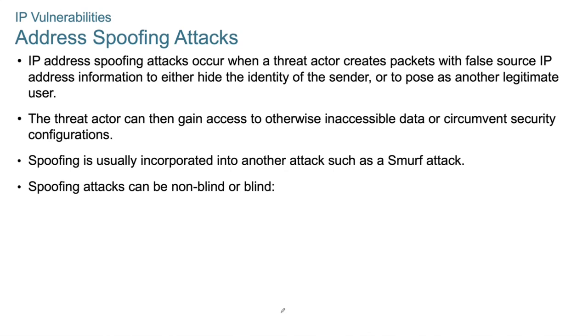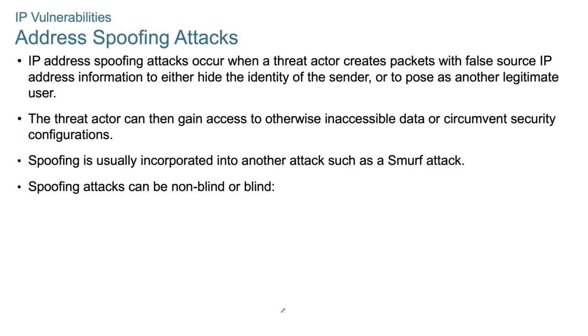Non-blind spoofing determines the state of the firewall and sequence number predictions. It can also hijack an authorized session. Whereas in blind spoofing, the threat actor cannot see the traffic that is being sent between the host and the target, but blind spoofing is used in denial of service attacks.